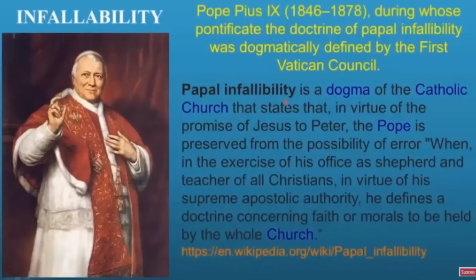So papal infallibility is a dogma of the Catholic Church that states that in virtue of the promise of Jesus to Peter, the Pope is preserved from the possibility of error. When in the exercise of his office, this is the official quote from Rome, as a shepherd and teacher of all Christians, in virtue of his supreme apostolic authority, he defines a doctrine concerning faith or morals to be held by the whole church.